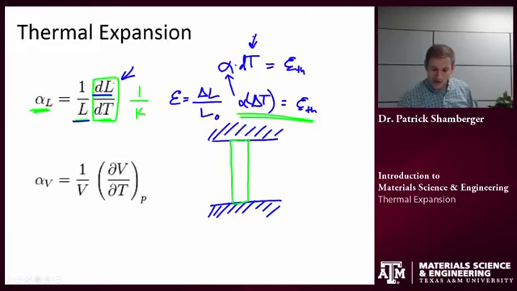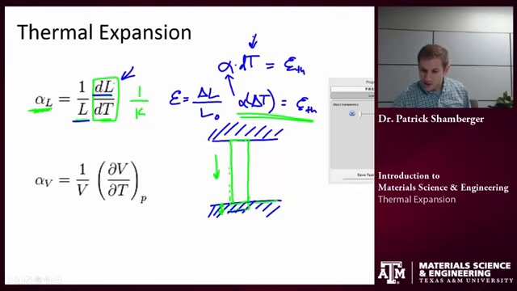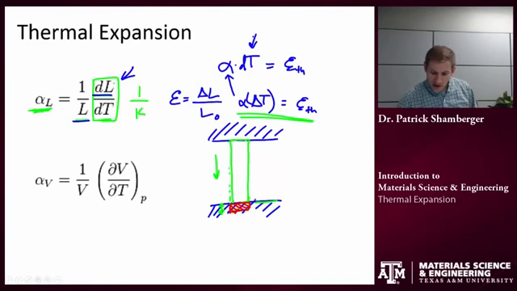If it heats up, it's going to want to expand, and really I'm only thinking about this expansion in the one direction, so the linear coefficient of thermal expansion. However, we know that this barrier is here, so what happens is that the barrier is supplying a force and ultimately a stress back on this component. I'm pushing back on the component in the opposite direction so that it retains its original length.